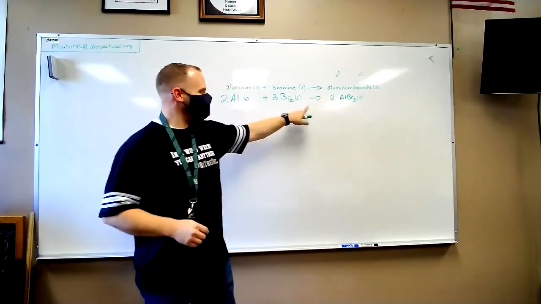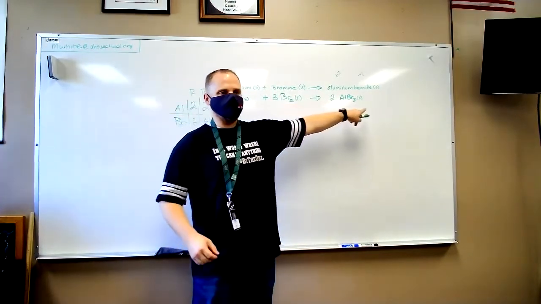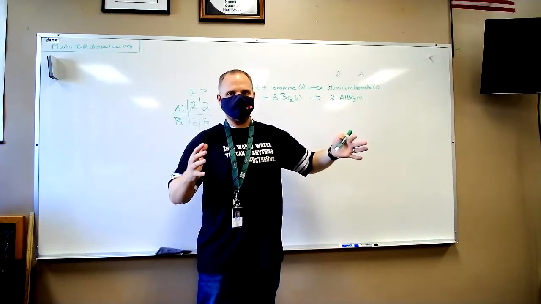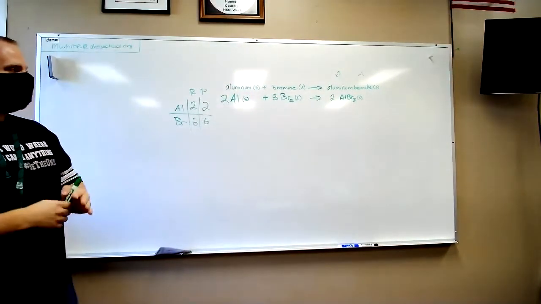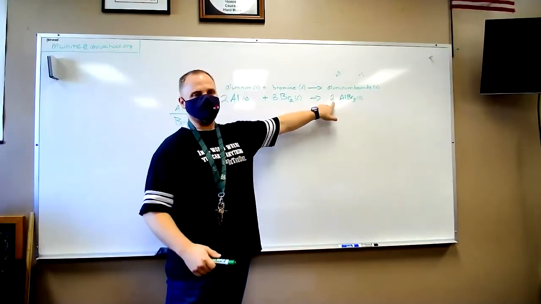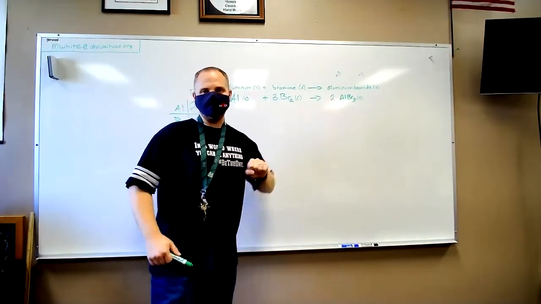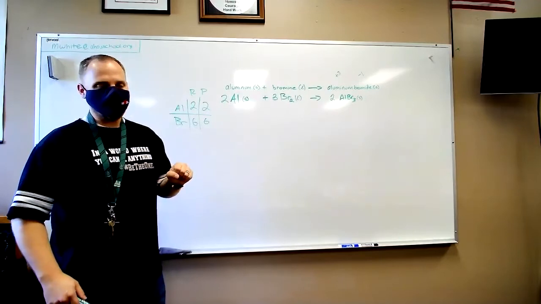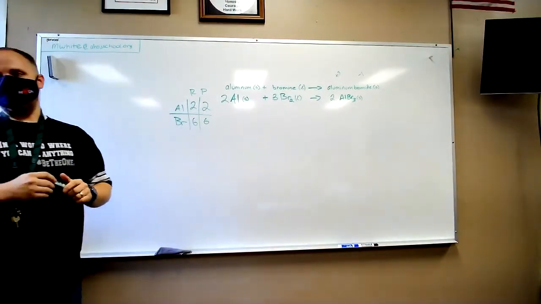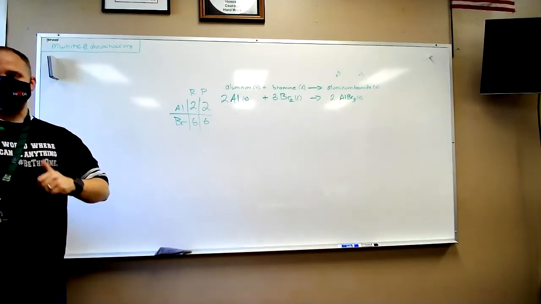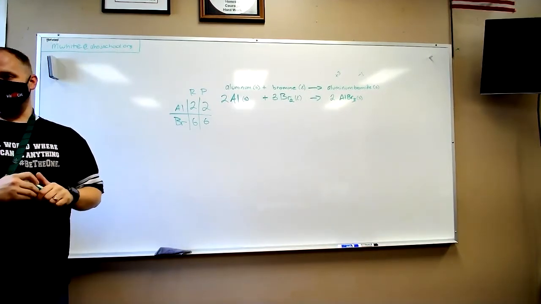There's no way I can make 2 bromine equal 3. Like that, it just doesn't work like that. And so if I were doing it, I would immediately at least start with 2 here because I know I need to have an even number. Okay? Those are little things that as you go through and as you practice, you're going to pick up on.